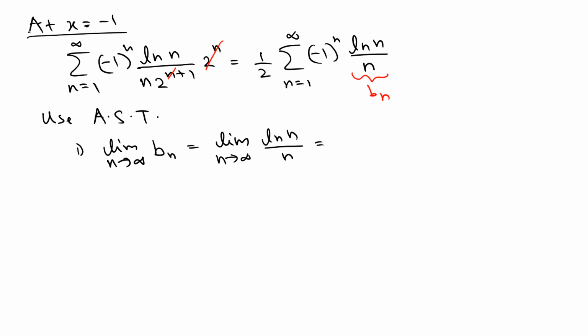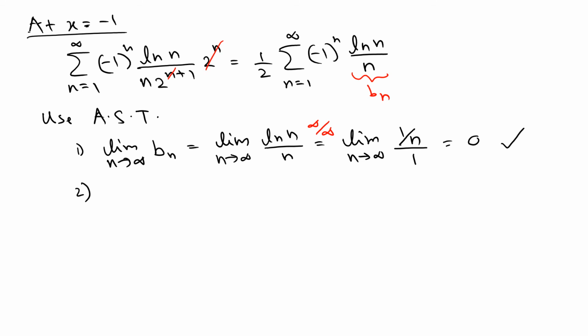You can see that this is an infinity over infinity problem, so we can use L'Hopital's rule because when n goes to infinity, both go to infinity. Taking the derivatives, at the top you get 1 over n, and in the bottom you get 1. Now when n goes to infinity, this goes to 0. So the first condition is satisfied. Now let's go to the second one.